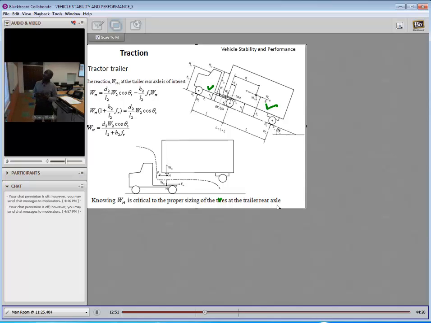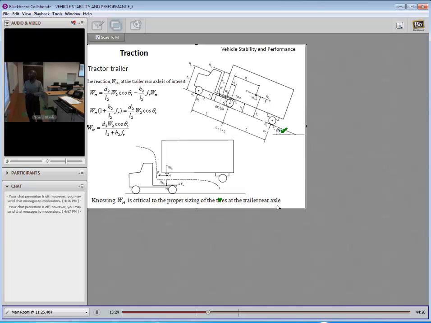Following the same expression as we had done for the car, we would come up with the reaction at the trailer rear axle. That's what's of interest because tractors are rear-wheel drive. So we'll just pay attention to the rear axle and the reaction at the rear axle when we look at all these forces that are at play, with an approximation that considers theta very small.